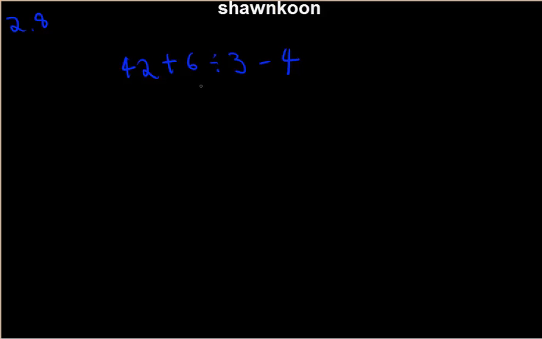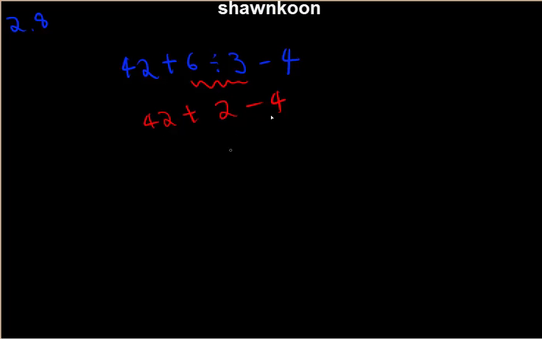Because of PEMDAS, we have to take care of this division first, right? So 6 divided by 3 is 2. And now we can just rewrite this whole thing. So this is just a simple problem, right?